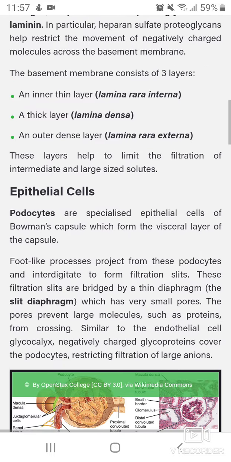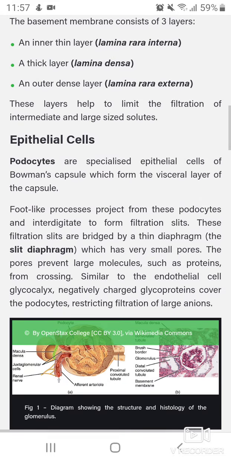Epithelial cells. What are epithelial cells? Podocytes are specialized epithelial cells of Bowman's capsule, which form the visceral layer of the capsule. Foot-like processes project from these podocytes and interdigitate to form filtration slits.